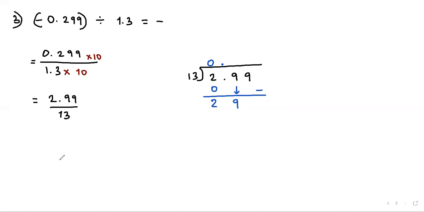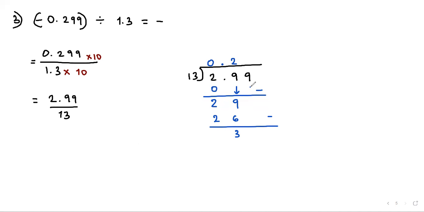Now we have got 29. What is 29 divided by 13? 2. Very good. And now what is 2 times 13? 26. Subtract 26 from 29. What do you get? 3. Very good. 3 divided by 13, possible or not possible? Not possible.